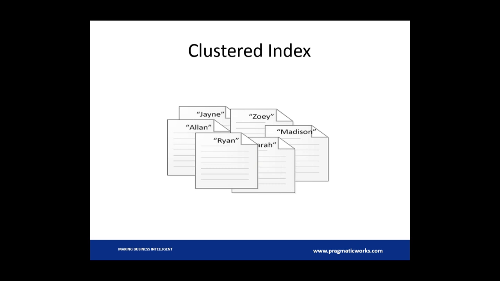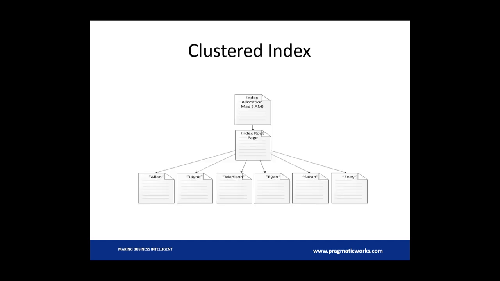And so in this case, if we've got our Zoe and Ryan and Sarah pages, and that is what we're keying off of, those pages would actually be stored physically within SQL Server based upon those values.